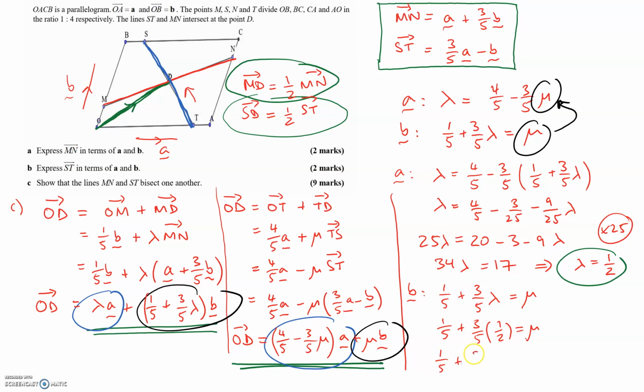A fifth plus 3/10 is mu. A fifth plus 3/10 is 5/10. So mu is a half. So hey, problem solved. So they definitely bisect each other because we've shown that they're both a half.